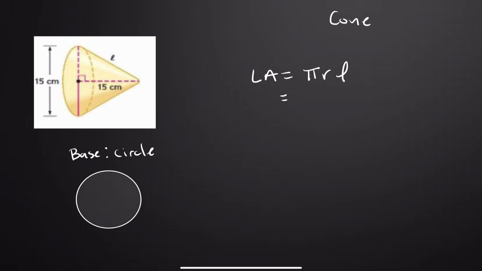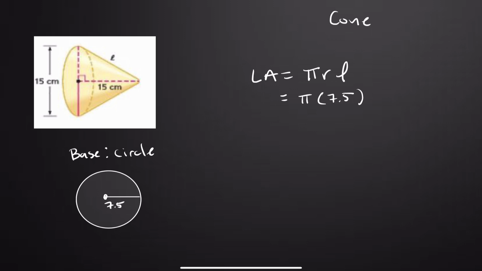And we know it has a diameter of 15, but the radius is 7.5. Okay, it's 7.5. So I can go ahead and do this. Pi times the radius, 7.5, and then the slant height. This is not the height, this is the slant height.